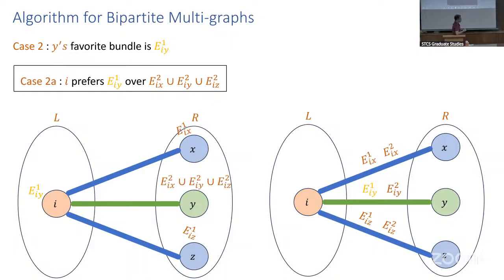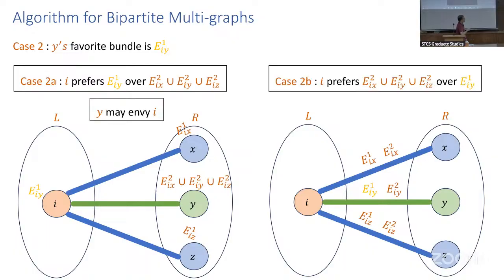But here there is a chance of having envy from vertex Y to vertex i. But this envy would be EFX because remember these 2 bundles, E2iY and E1iY, were EFX feasible for vertex Y. Since it has received this bundle, any envy towards vertex i from Y would be EFX.